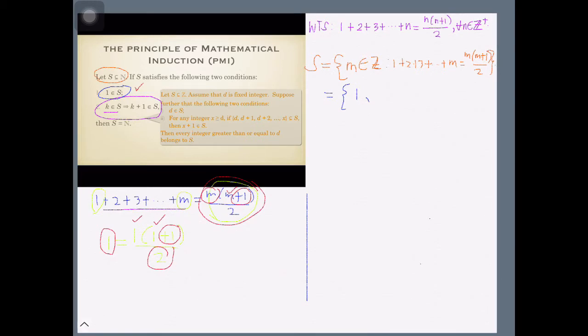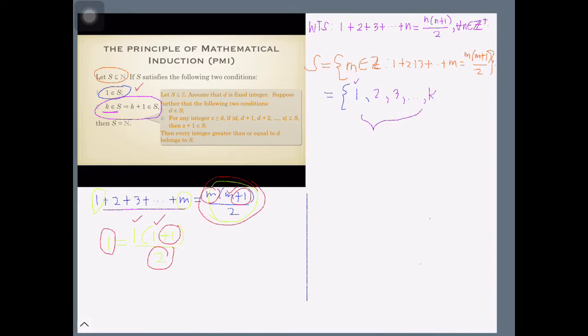Knowing that we have proven as well 1 being part of S, considering now k of them would mean 1, 2, 3, until k of them. Considering that this is your induction hypothesis, that it works for k of them, it would also mean that the numbers we have here, k of them, would also work for the series here.